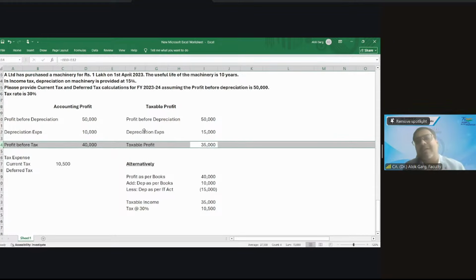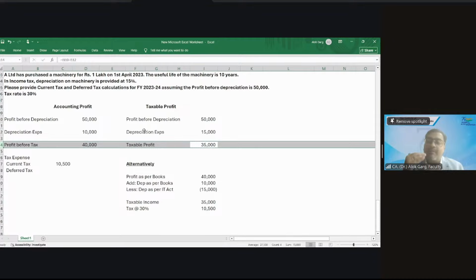I have to pay more tax because in future a time will come, because the maximum amount to be claimed as depreciation is 1 lakh only, right? So if I am claiming a higher depreciation in the initial years in income tax, in the later years the depreciation will be lower than the accounting depreciation. Total is 1 lakh rupees only.